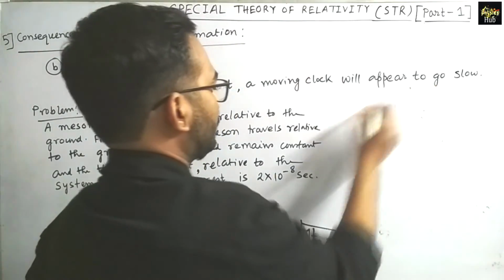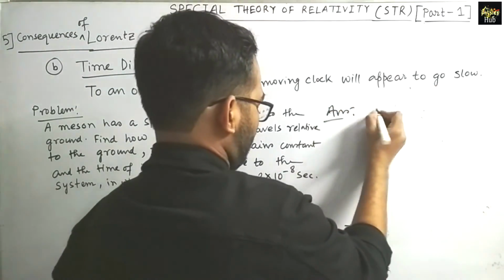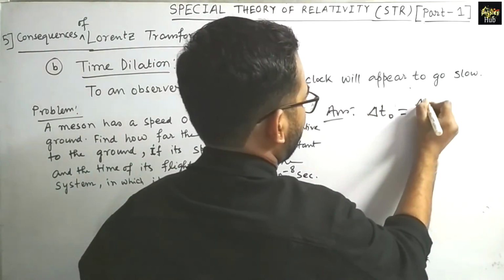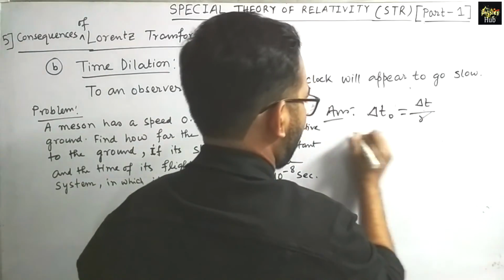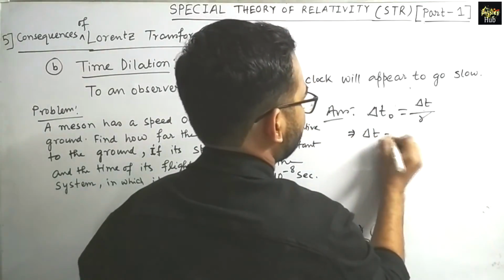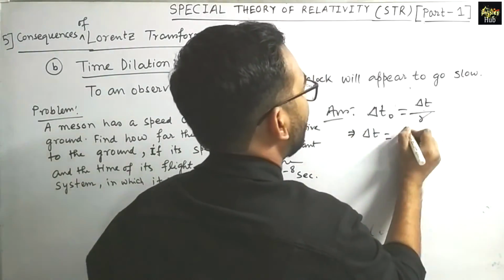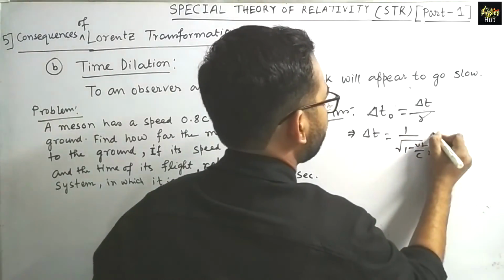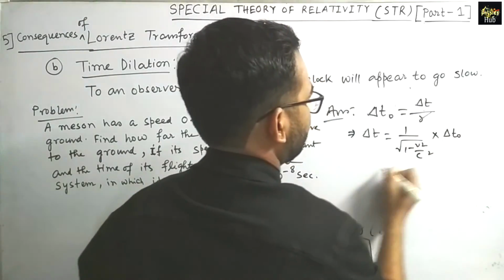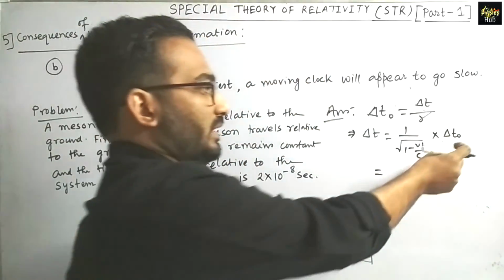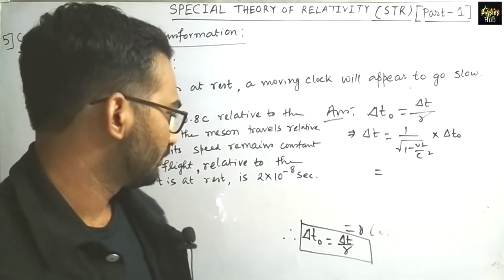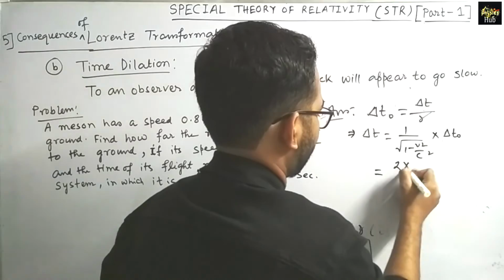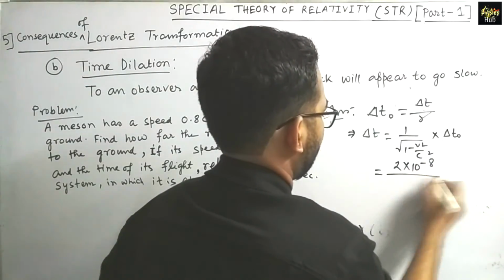As you know, the proper time interval delta t naught equals delta t by gamma. Therefore, delta t equals 1 by root over 1 minus v squared by c squared into delta t naught. Now this proper time interval is given, which is with respect to the rest frame, 2 into 10 to the power minus 8 second.